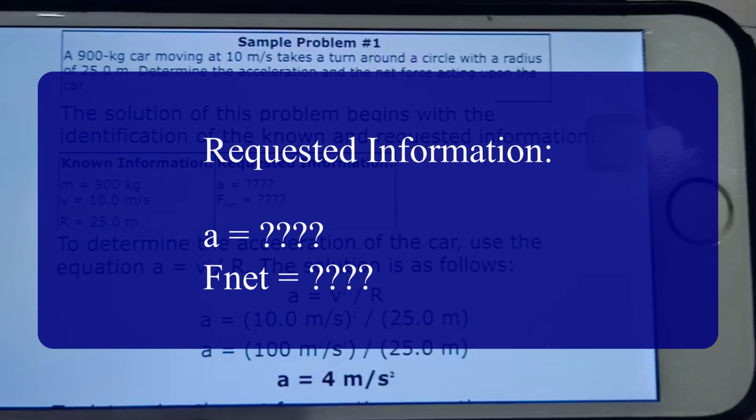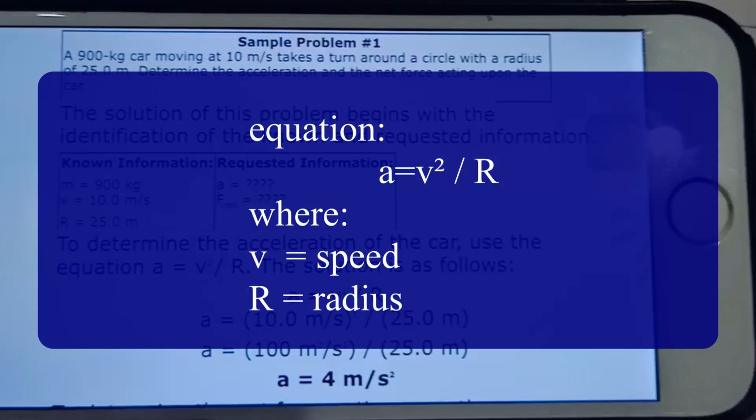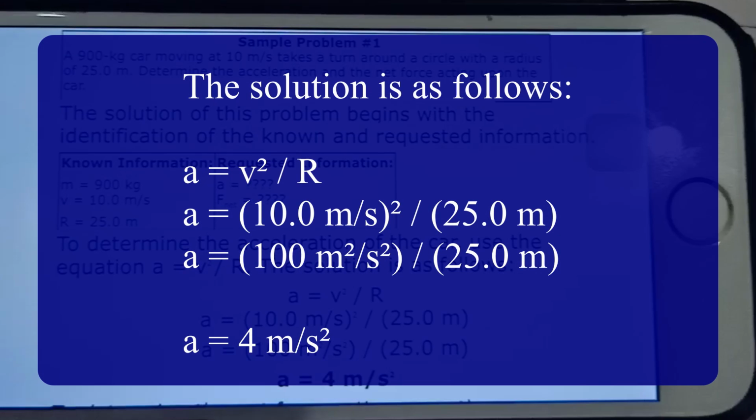To get the acceleration, we must use the equation a equals v squared over r. Substitute the values. So a equals 10 meters per second squared divided by 25 meters.